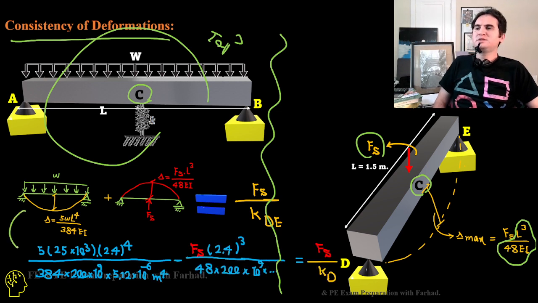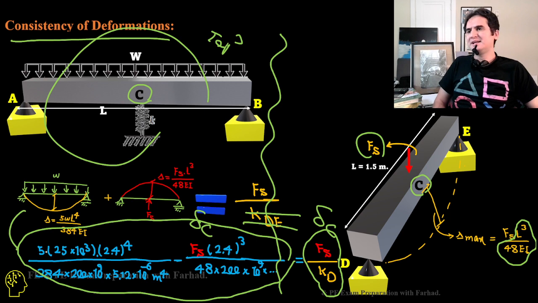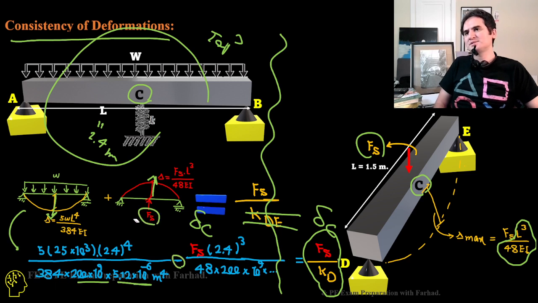If you replace the numeric values, delta C for the first section is exactly delta C in the second section, and that's 5 times W, which is 25 kilonewton per meter, times length 2.4 meters to the power of four, over 384 times E times I, minus, because this displacement is downward and the other is upward, Fs times the same length for the top section, and that's equal to Fs over Kd.